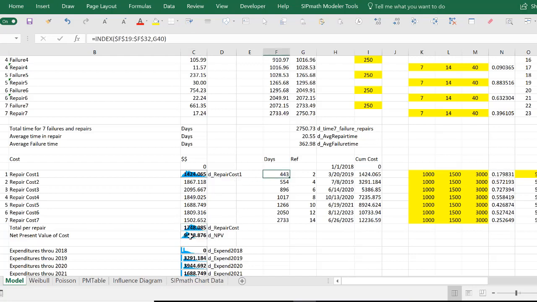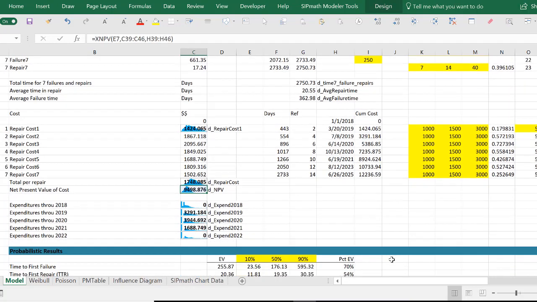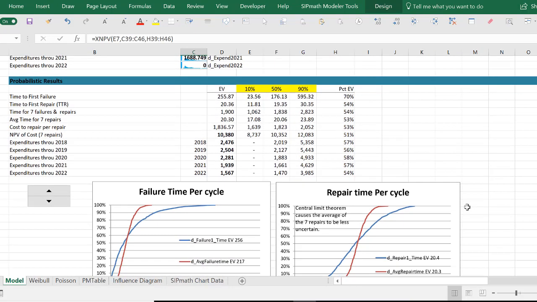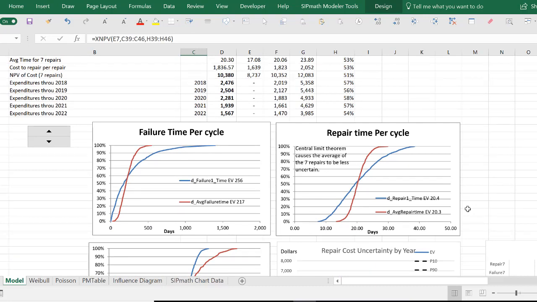We can calculate the NPV because we have the time for each one of the repairs, a date, and we can calculate the NPV based on those dates. Down here, I have calculated the probabilistic results for various metrics. Here are the graphs we showed for failure time per cycle and the repair time per cycle.